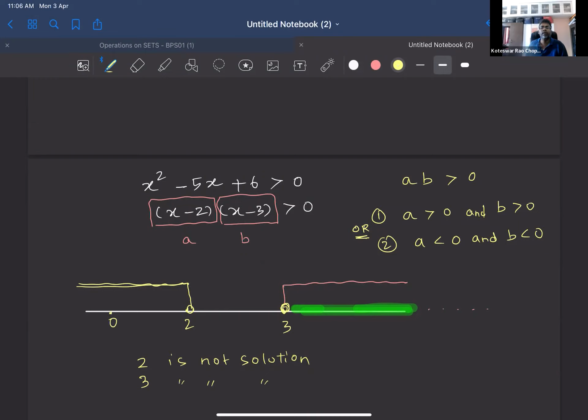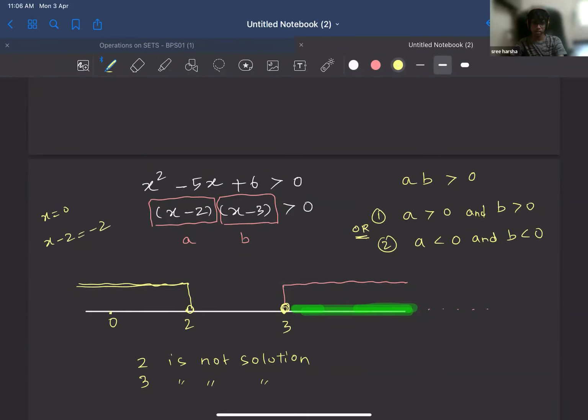So the moment you take x equal to 0, what is x minus 2? x minus 2 will be minus 2, and x minus 3 will be minus 3. So what is minus 2 into minus 3? It is 6, which is greater than 0.